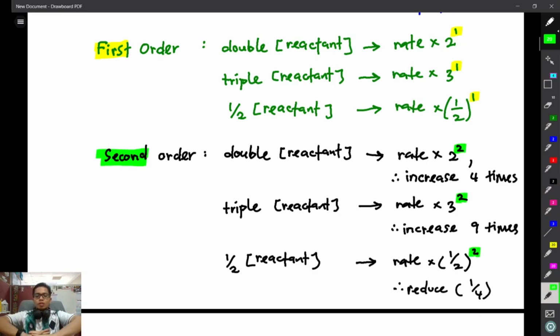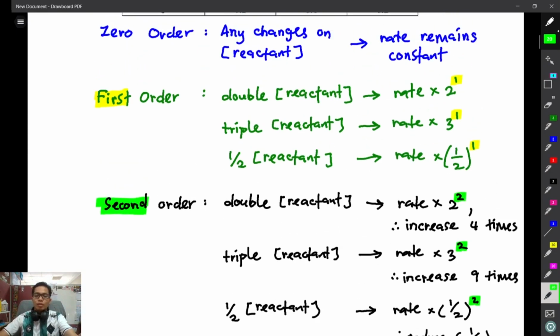So in other words, if we halve the concentration of the reactant, the rate will be 1/4 from the original rate, or the comparison. Okay, so this is the characteristic of zero, first and second order.